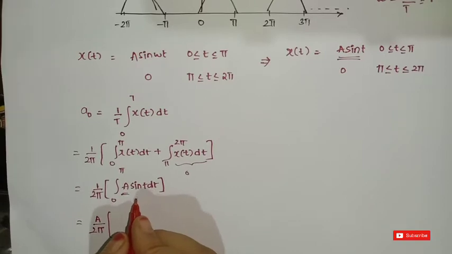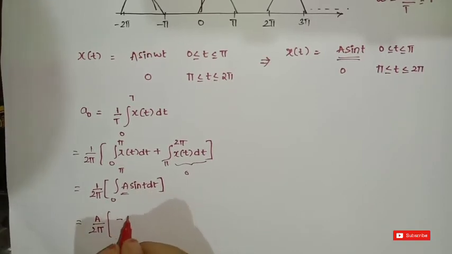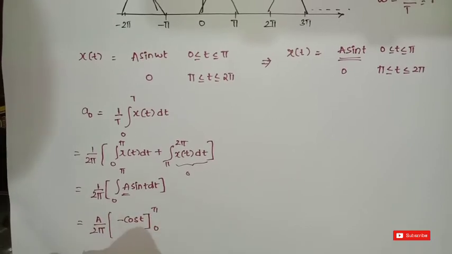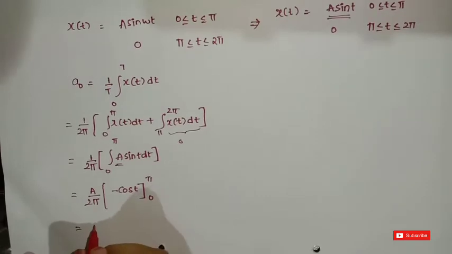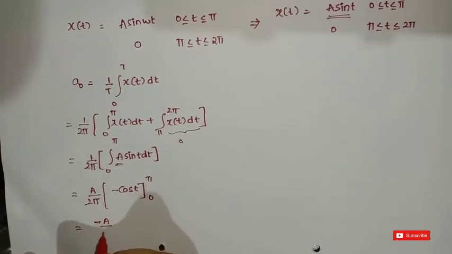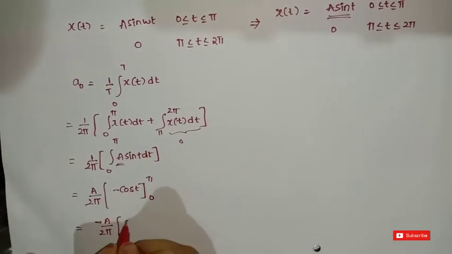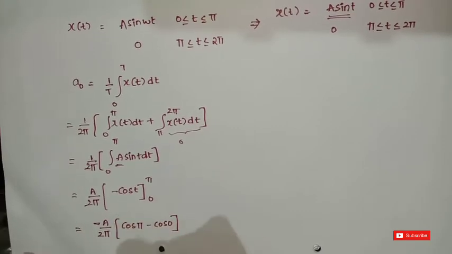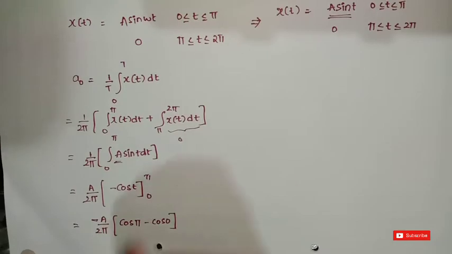Integral of sine t is nothing but minus cos t, in between the limits pi and 0. Take minus outside. Then it can be written as minus A by 2 pi, cos pi minus cos 0.